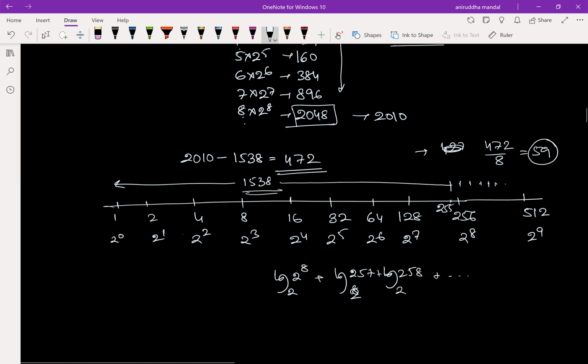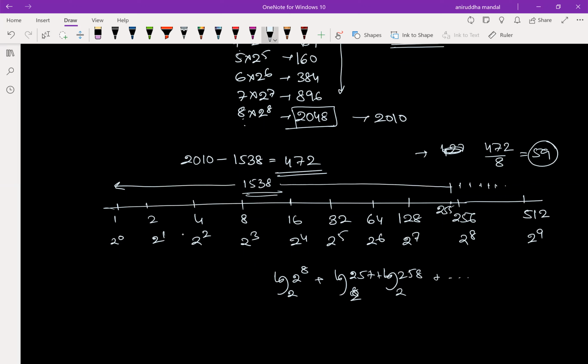Okay, so our total number is 255 plus 59 numbers. So 255 plus 59 means 314 numbers.